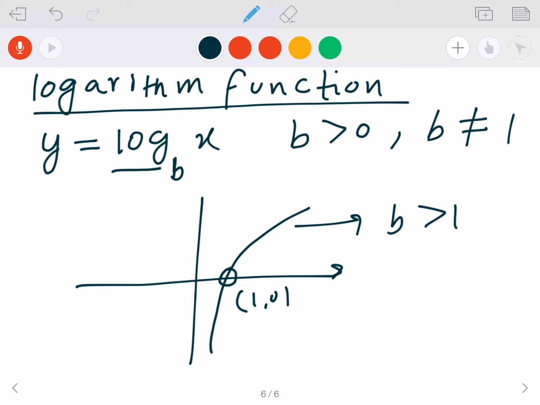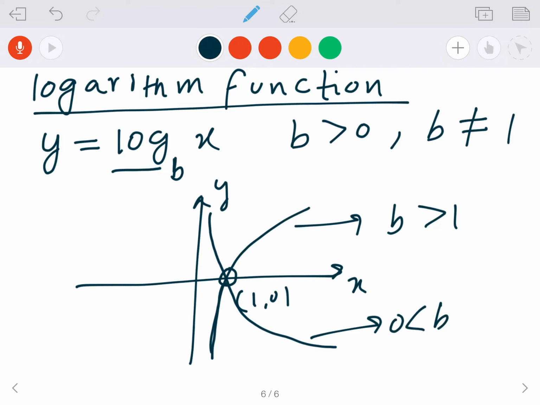This is the x-axis, this is the y-axis, and this graph is approaching the y-axis but never going to touch it. And another one is like that, and this one is if b is greater than 0 and less than 1. So the graph is always like this, the shape of the graph.